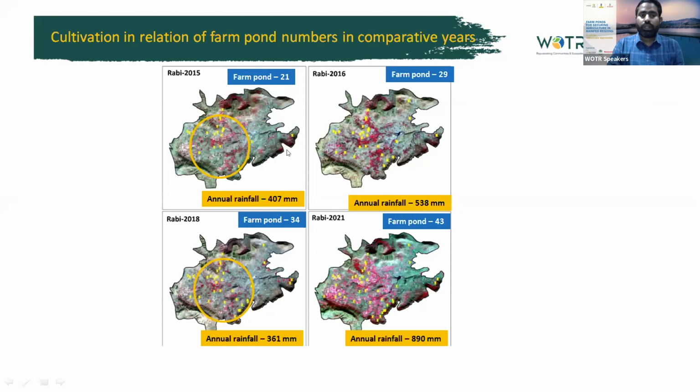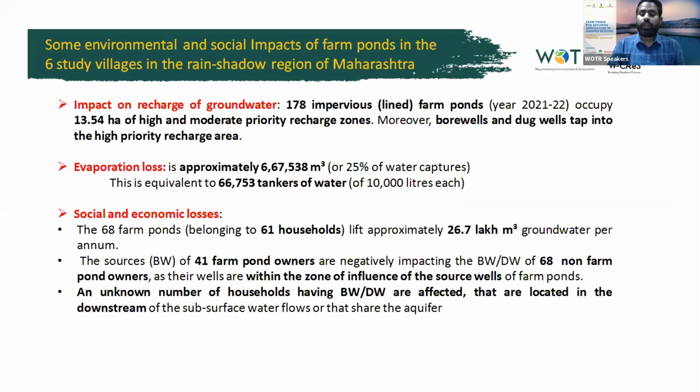Now, to put it all together, in the study of these 6 villages, we have analyzed the impacts on various verticals. The first major impact is on the recharge of the groundwater. In these 6 study villages, there are 178 impervious farm ponds, which occupy 13.54 hectare of area under the high and moderate priority recharge zones.